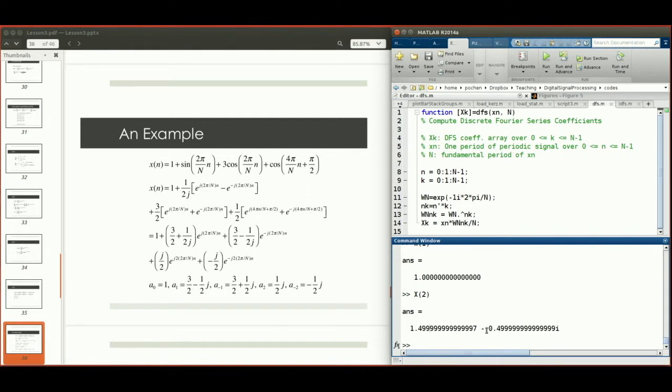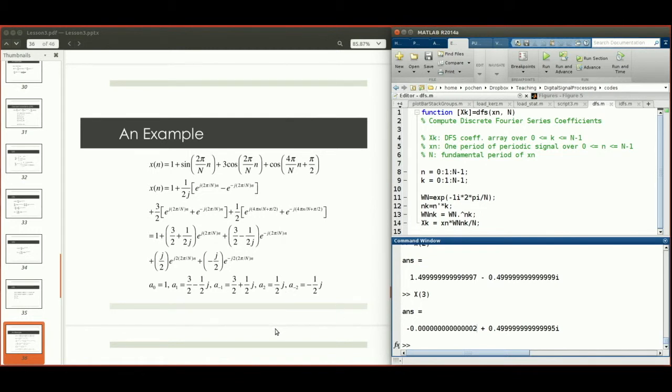And then here it's minus 0.5, right? And then let's look at x3. x3 corresponds to a2 here. It should be 0.5j. So it's 0.5j here, right? And then there's a very small real part, but it's close to 0. That's x3, that's a2.